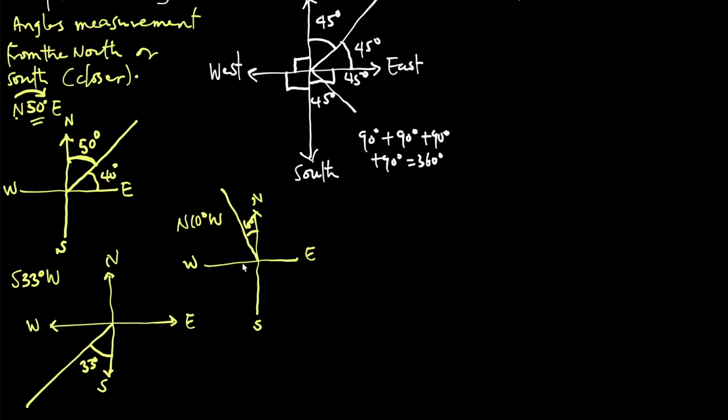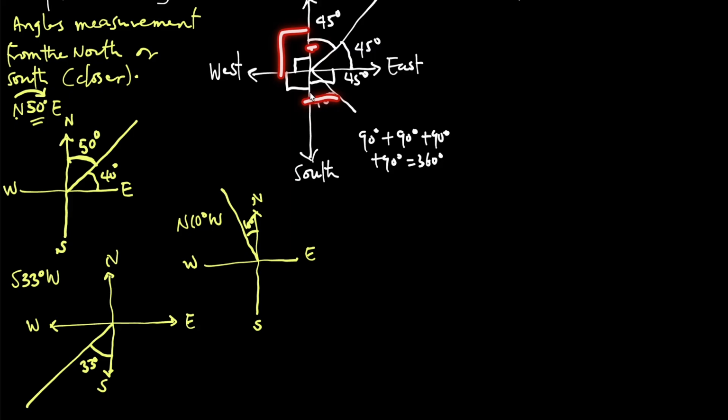Now, you would notice something in all of the examples we've taken under compass bearing. You will notice that all of the angles have not gone beyond 90 degrees. The reason is because if you look at the north and the west, remember in the introductory part, I said the whole of the angle you can have between the east and the north is 90, between the east and the south is 90, between the south and the west is 90, and between the north and the west is 90.